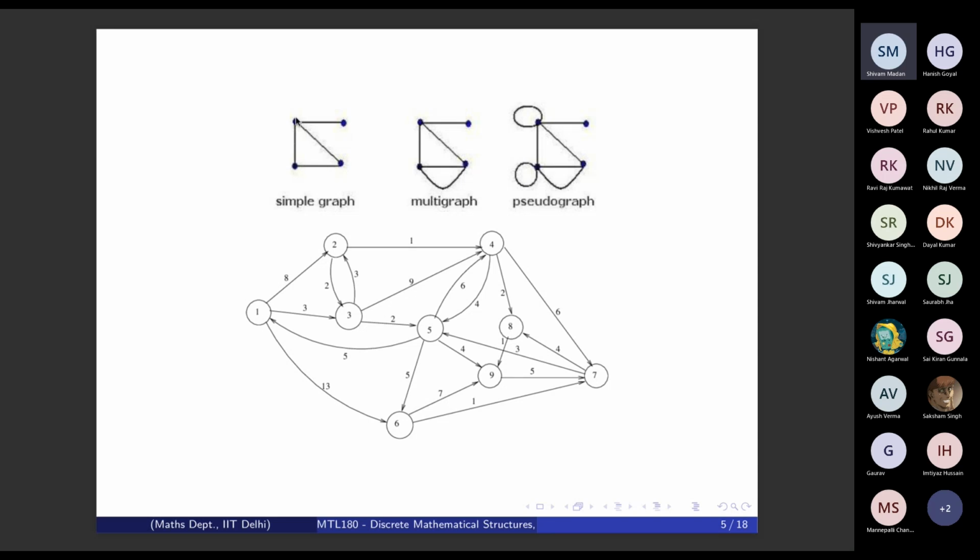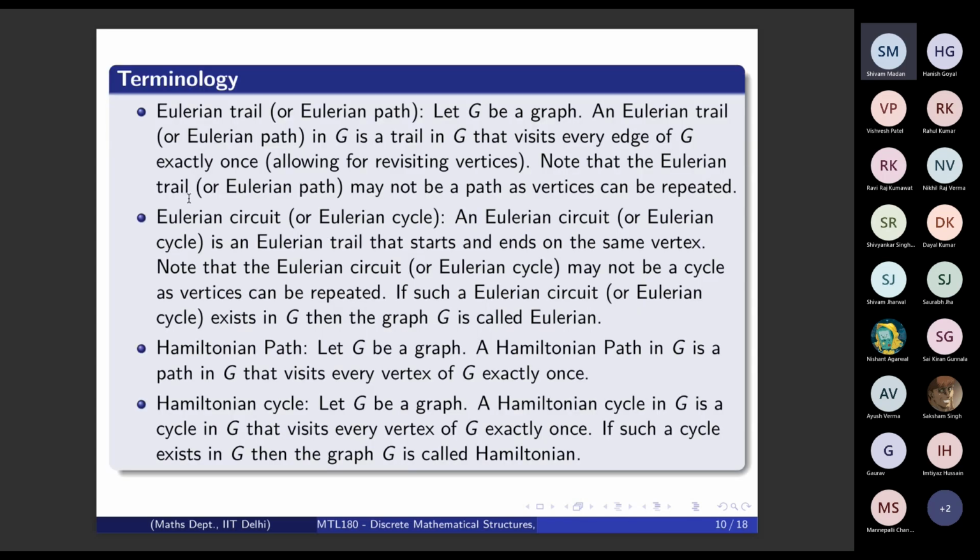So this is called an Eulerian trail. Okay. Now note that an Eulerian trail may not be a path because here edges are not repeated, but vertices can be repeated, as in the example I have shown you, right? One vertex was repeated. So therefore, this may not be a path.